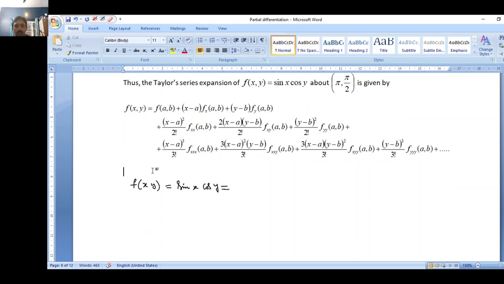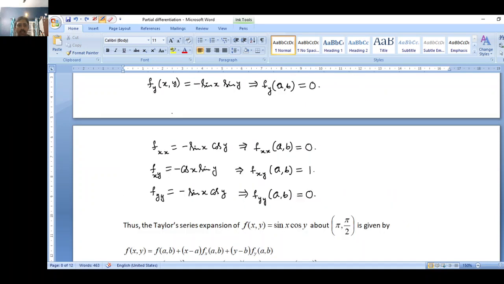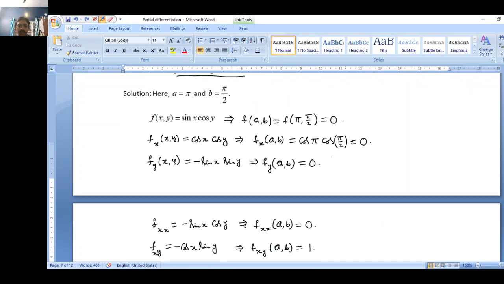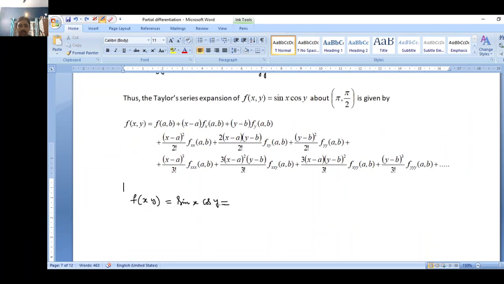So accordingly we will have the expansion to be, first of all we have f of a comma b. As we know, f of a comma b has turned out to be 0, correct? So accordingly the first term would be 0, plus the next term is x minus a.